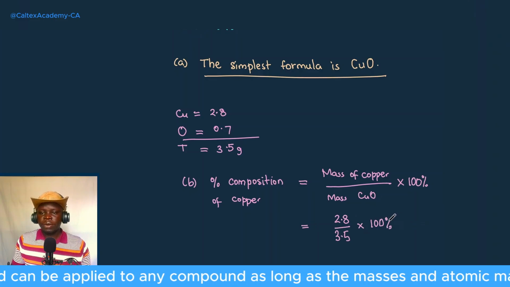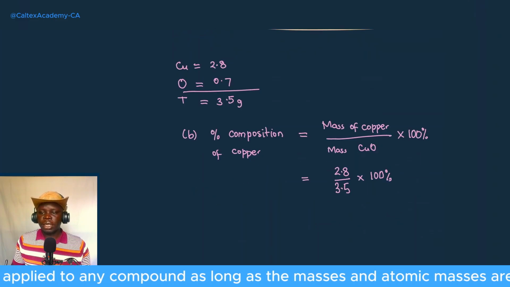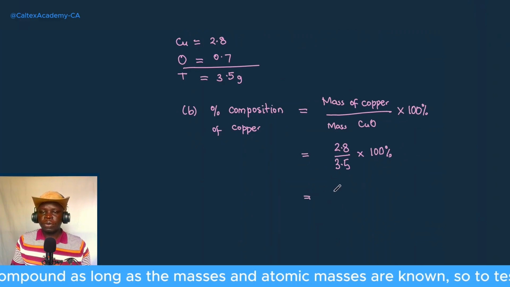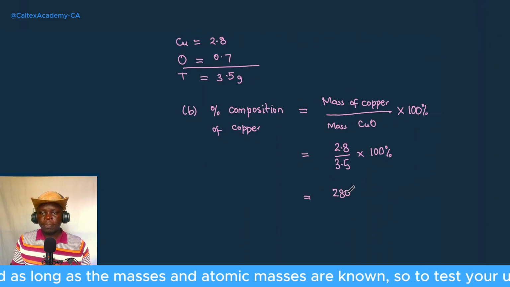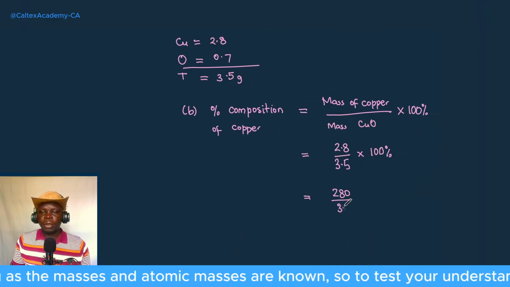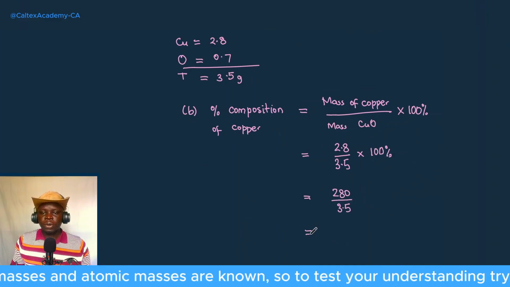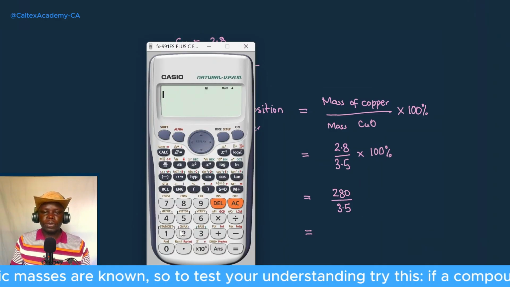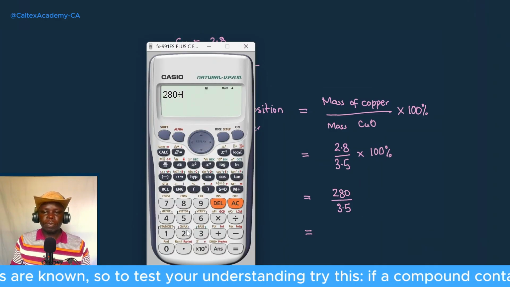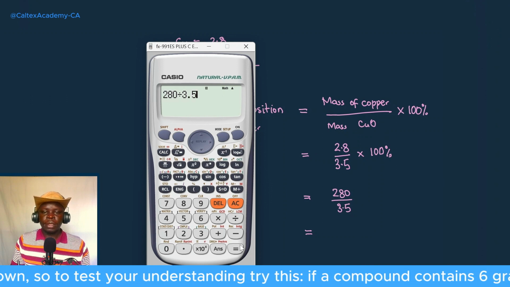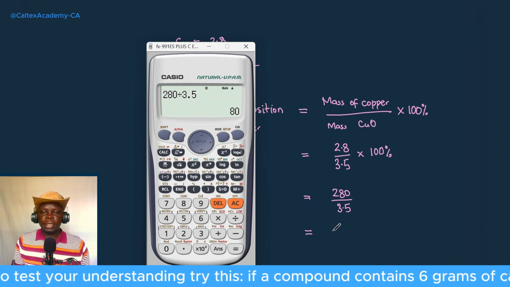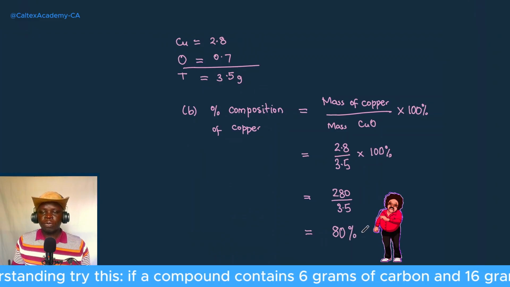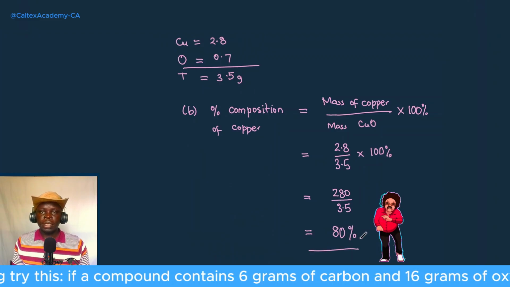Now we can reduce down a little before putting it in the calculator. When we multiply 2.8 by 100, it will reduce down to 280, and we're dividing this by 3.5. Now let us go on and divide this on our calculator. So we have 280 divided by 3.5. Our result is 80. Therefore, the percentage composition by mass of copper is 80%.